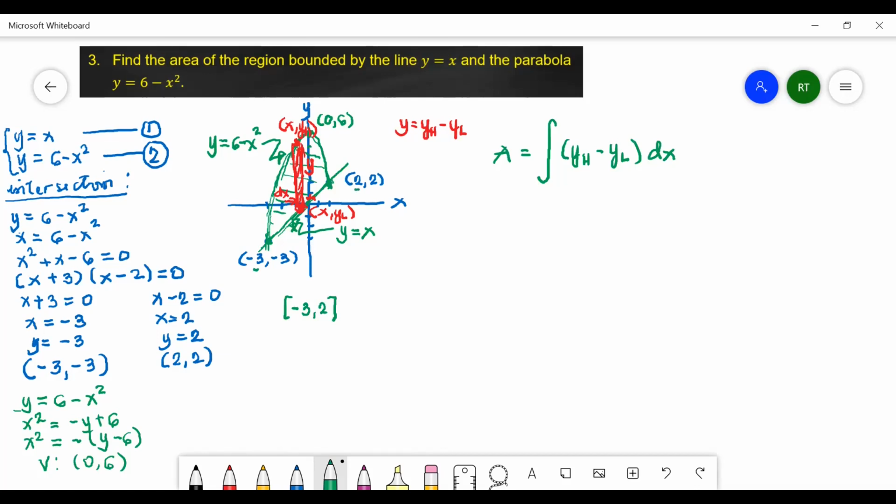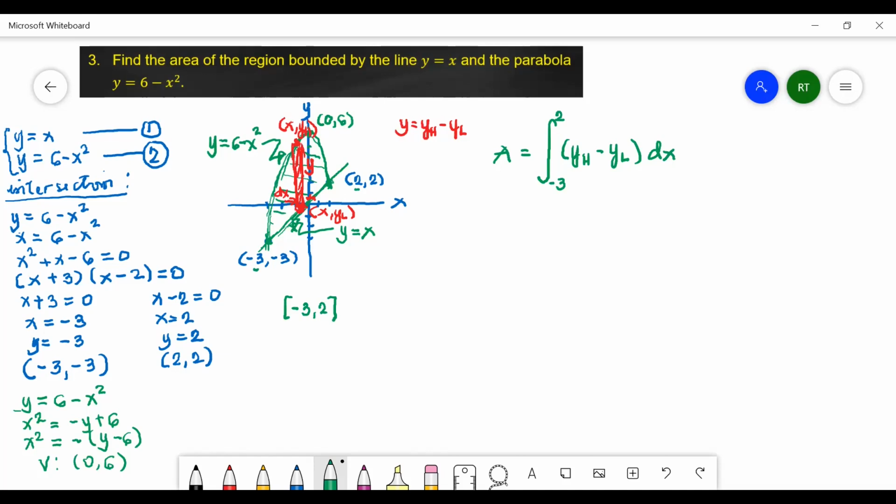Lower limit of integration is minus 3. Upper limit of integration is positive 2. But please take note that the integrand is in terms of y sub h and y sub l. We have to express y sub h and y sub l in terms of the variable of integration x.